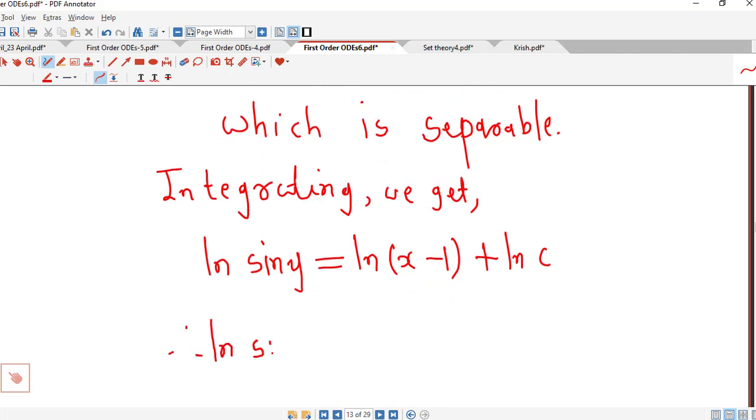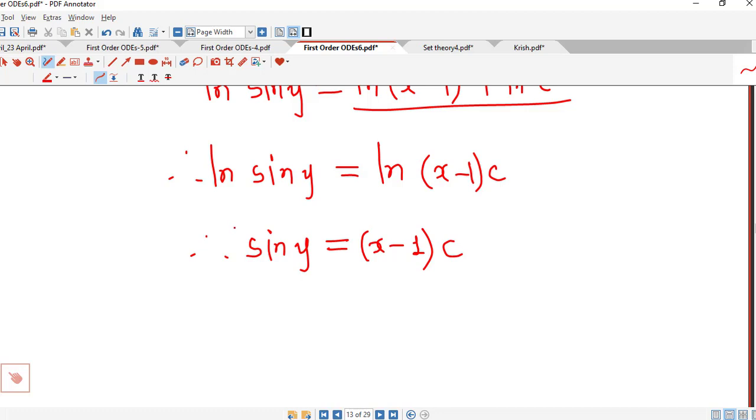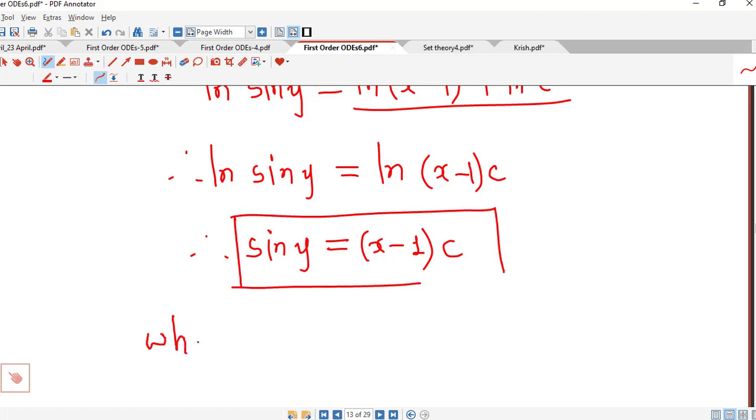Therefore ln sin y equal to, using the property of logarithm, we can rewrite this as ln of (x minus 1) times c. Therefore sin y equal to (x minus 1) times c, which is the general solution, where c is an arbitrary constant.